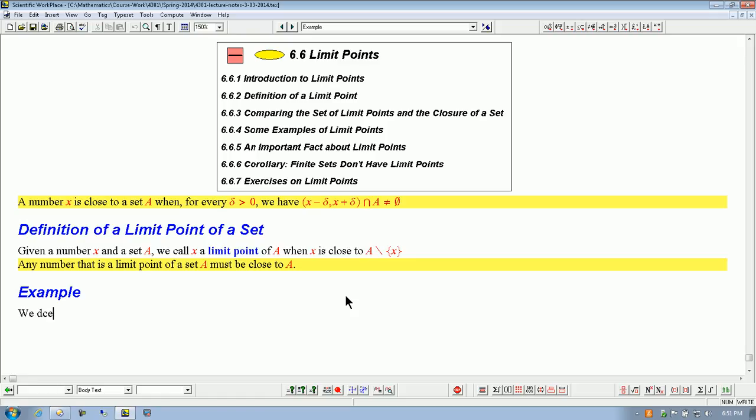We define A to be the set consisting of the numbers 1, 2, and 3. And we define x to be 3. Okay?